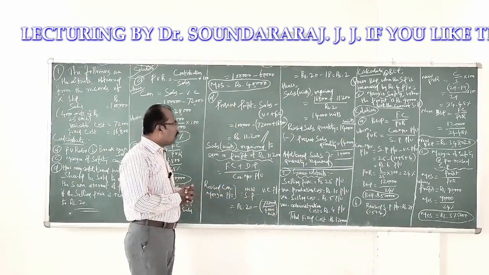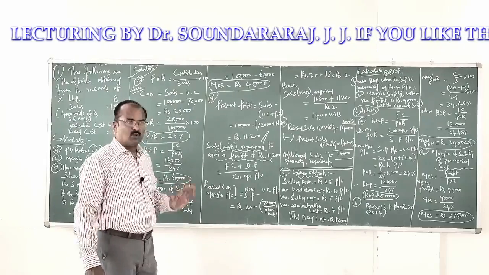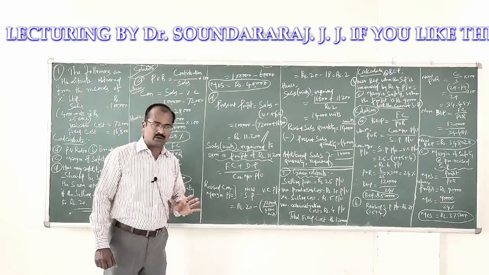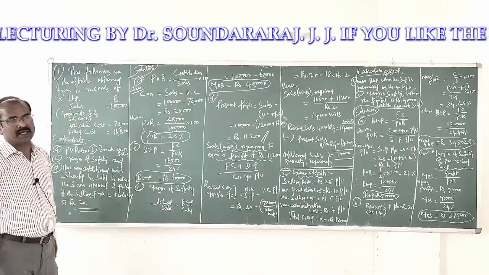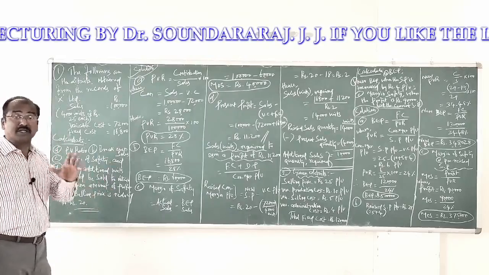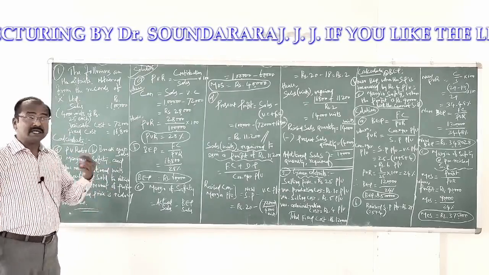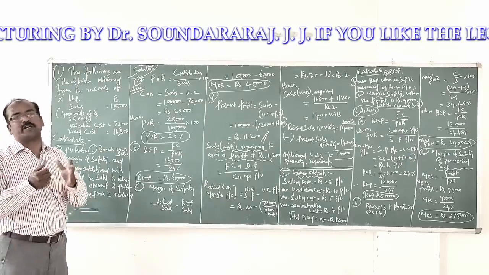Then what is the fourth requirement to be done in sum number 1? We are asked to find out the number of units to be sold additionally in order to earn the present amount of profit, the present total amount of profit, even after the selling price is reduced to 20 rupees.